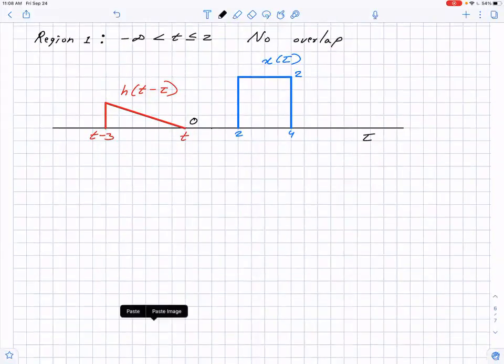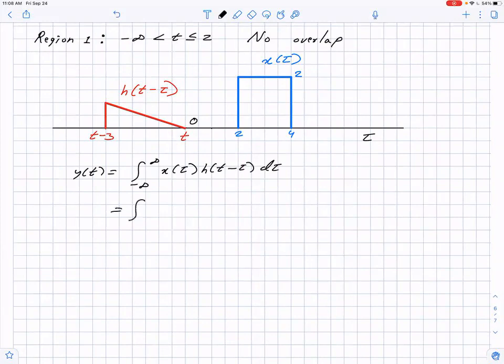So if we consider the convolution integral, negative infinity to infinity x of tau, h of t minus tau d tau, the product is 0. And as we integrate this 0, we get a 0. So for the first region, we get a 0.